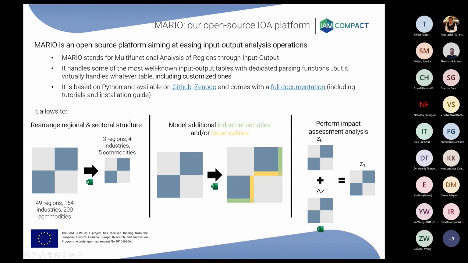The Mario Python package allows handling such databases in order to rearrange regional and sectoral structure, to model the addition and inclusion of new industrial activities or new commodities, to assess the impact of such industries and commodities, and then to perform various types of impact assessments. So it handles numerical perturbations in order to assess, for example, what would be the impact on overall CO2 consumption if a shock in industrial production, a structural change in the industrial production of a region, is exogenously imposed.